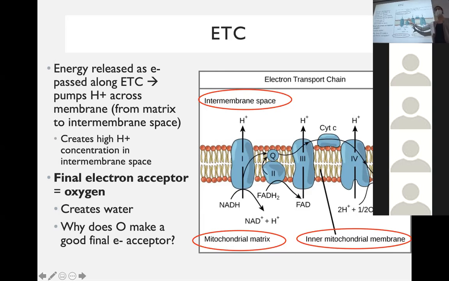Okay, so now we've followed the path of the electrons. I've talked about the hydrogen ions being pumped to the intermembrane space, to one side of the membrane. So now just imagine we have all of these hydrogen ions up here, just a huge concentration of hydrogen ions on one side of the membrane.